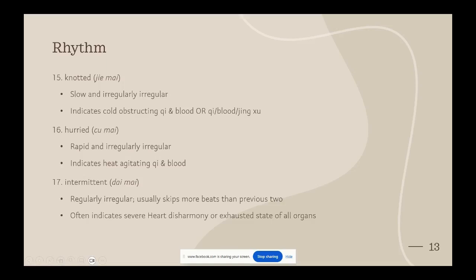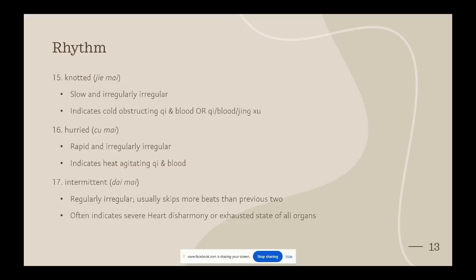Meaning it's the same pattern of skipped beats, versus the knotted and hurried pulses, which have a random pattern of skipped beats. The knotted pulse is slow and irregularly irregular, indicating cold obstructing the qi and blood, or it could be a qi, blood, or jing deficiency.